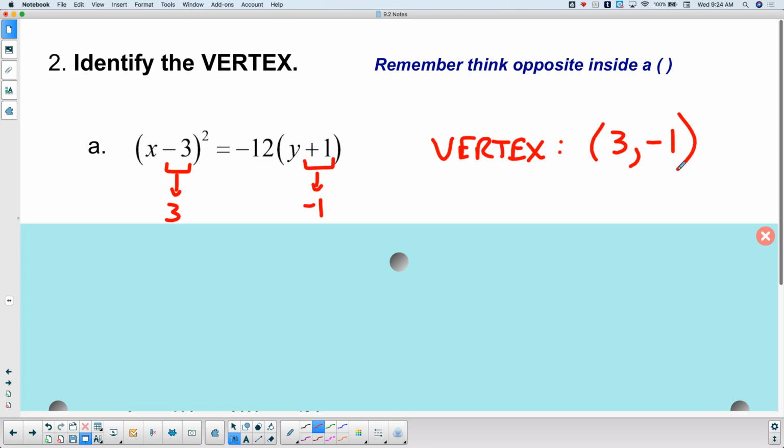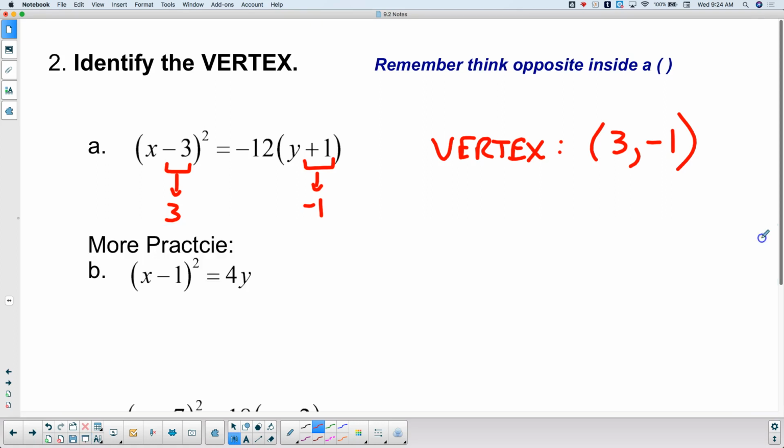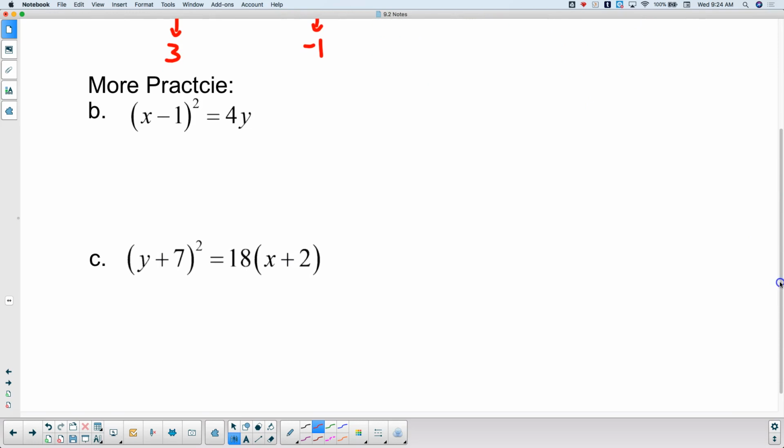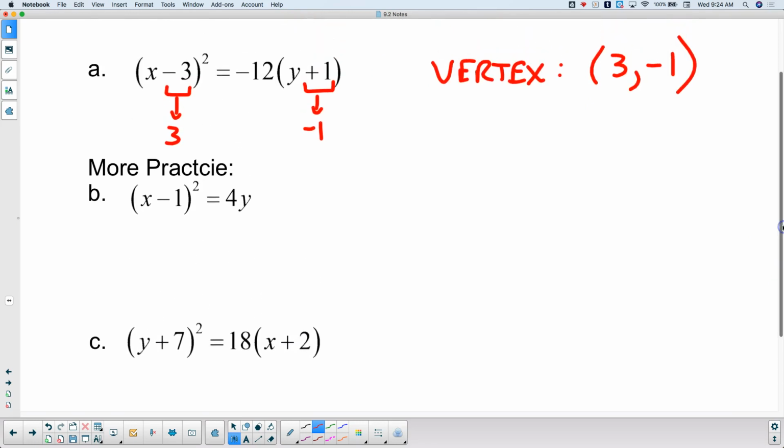Get yourself a little bit more practice with that. At this time, what I'd like you to do is identify for me the vertices of those two parabolas. In the first one, in B, what is the vertex? 1, 0?